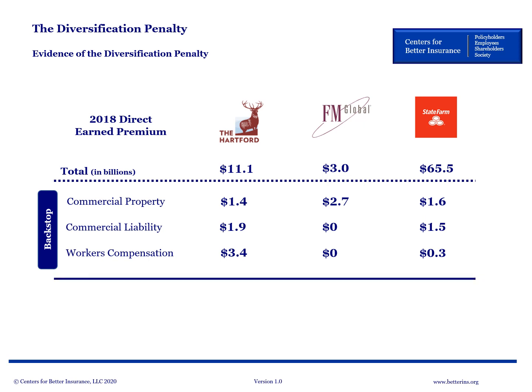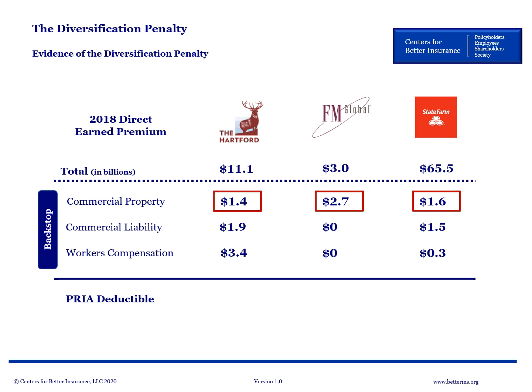Recall that PRIA only applies to commercial property insurance, specifically business interruption and event cancellation. Hartford has a slightly smaller commercial property portfolio compared to State Farm, while FM Global's is nearly double the size. You would not know it by looking at their respective backstop deductibles.